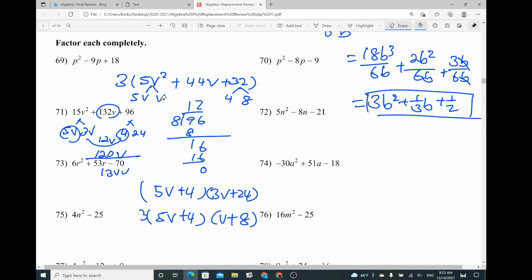So it's 5v times v, and then this will be 8 times 4. Okay, so making sure in the product, out of product, yep, eventually it's going to be the exact same thing.